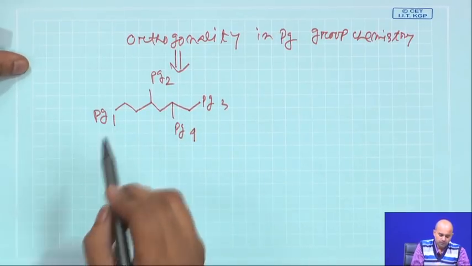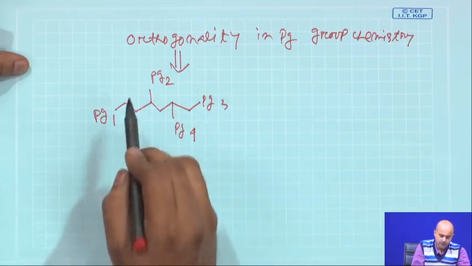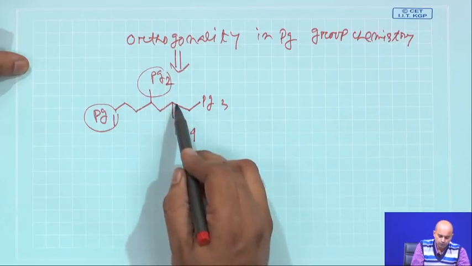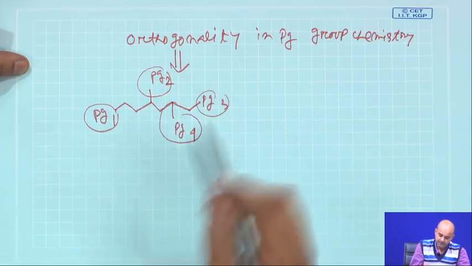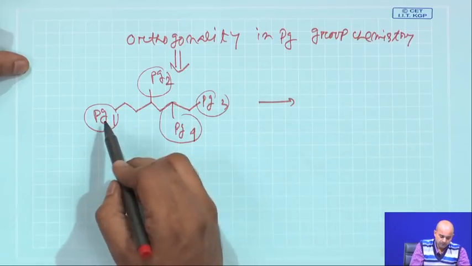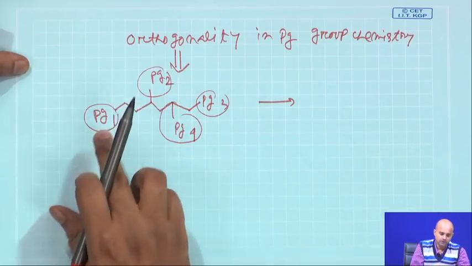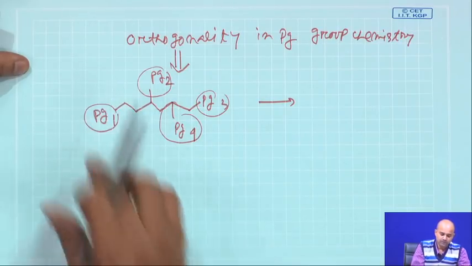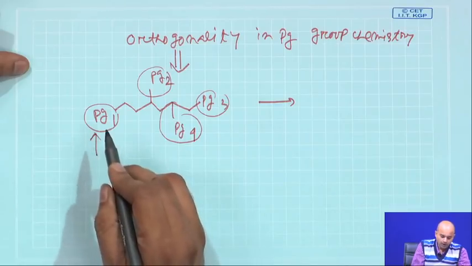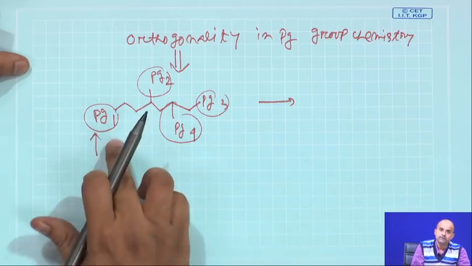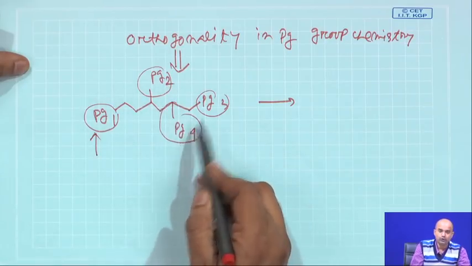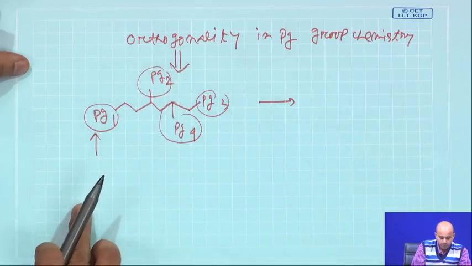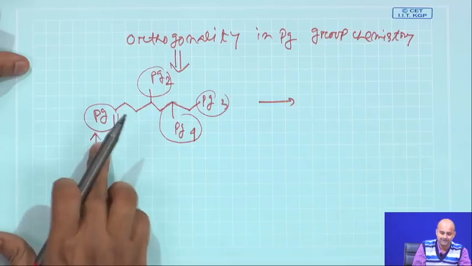Whenever you are doing some reaction on any of these reacting sites, in principle all the protecting groups should be inert, is it not? Then say you want to selectively remove PG1 to do some FGI on this reacting site. Under this reaction condition, your PG1 should only be cleaved; PG2, PG4 and PG3 must remain intact. That is the orthogonality, that your reagent system should only target PG1.